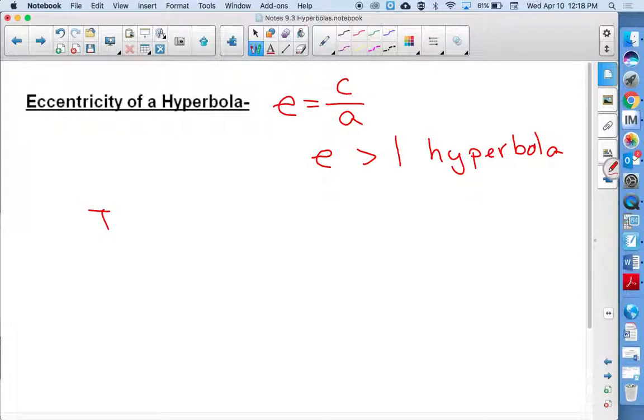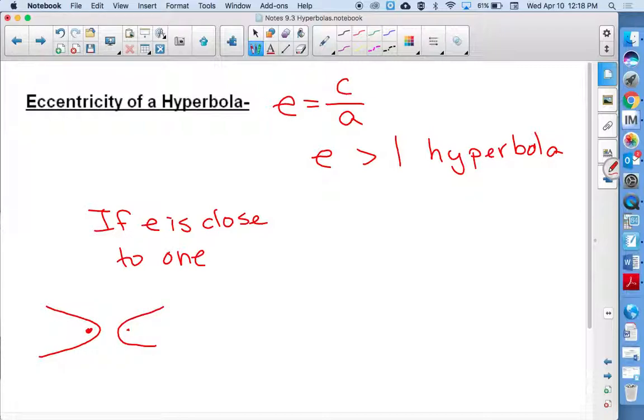A little bit of information. If E is close to 1, that means my foci are really close to the vertex. We have narrow branches.